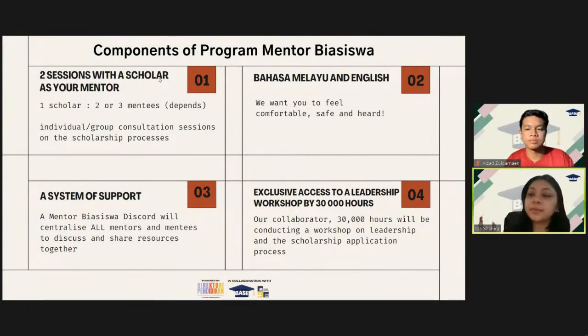Although the main crux of the work that you'll be doing would be in English, our mentors are prepared to talk in the language that you're most comfortable with. So if you're more comfortable to converse and portray your ideas in Bahasa Melayu, then do feel free to do so. We just want to make sure that you're comfortable, you're being safe, and most importantly, that you're being heard in terms of your concerns and your dreams, etc.